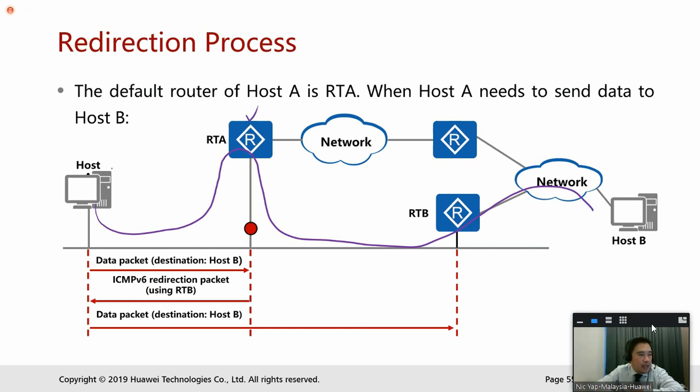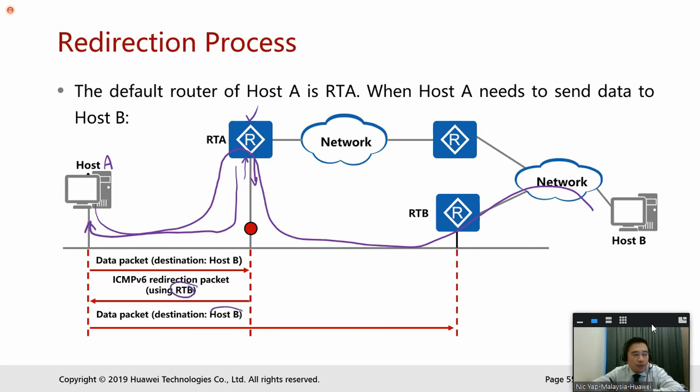This is host A. So in this case, when router A knows that the traffic is coming in on this interface and going out from this interface again, it means that the path is not going through the optimal way. You are not using the optimal way to reach host B as the destination. So in this case, router A sends a route redirection back to host A to tell it: hey, I'm going to send you a redirect packet to say don't use RTA, use RTB.